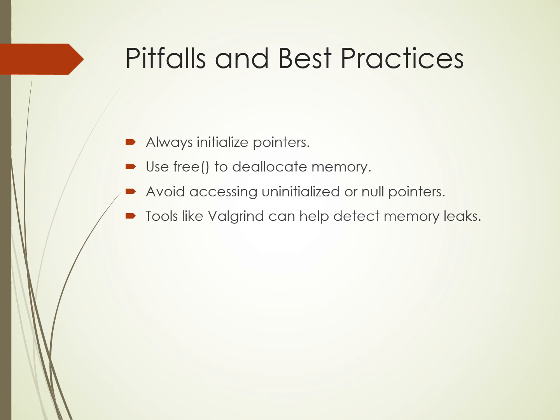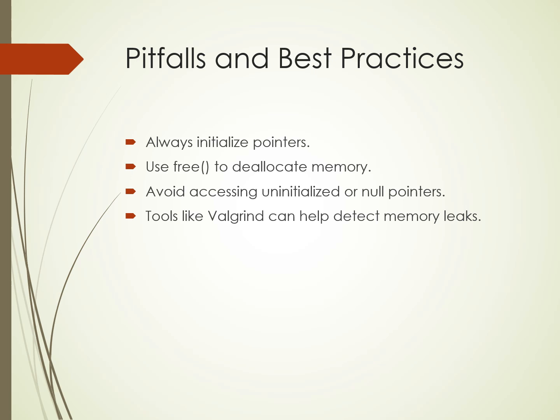Each location has a unique address like a house number. A pointer is a variable whose value is the address of another location in the memory. So instead of holding the data directly, it holds the house number of where the data is stored. In essence, a double pointer is a variable that stores the memory address of another pointer.